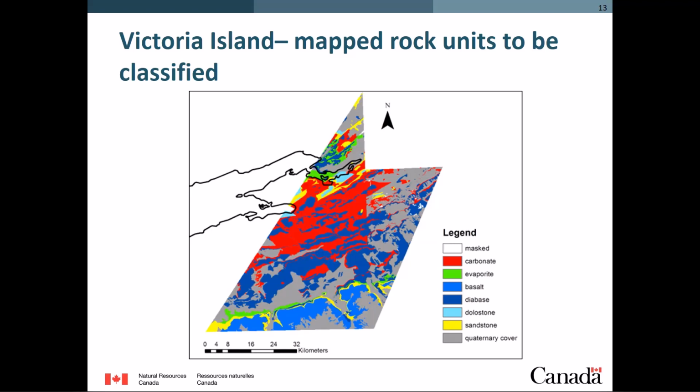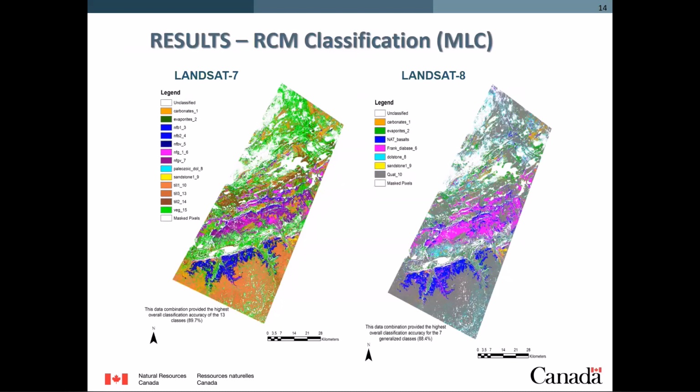So let's look at the first example, which is only using Landsat 7 and classifying various units here in Landsat 8. Both were above 80%, 89%. When I say 89%, that's classification accuracy.